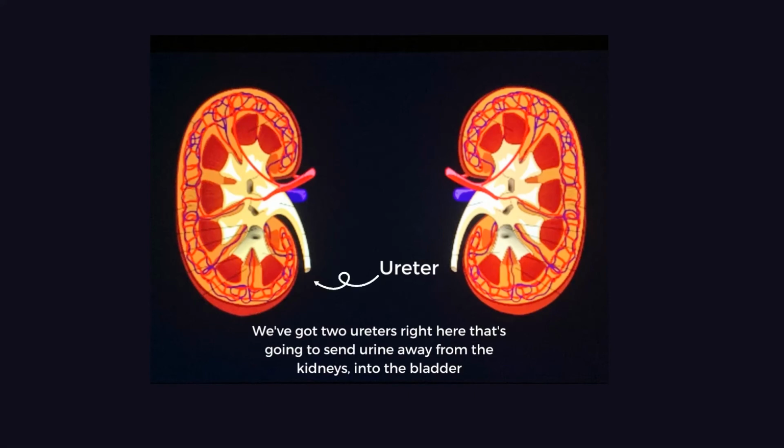Now that we have talked about the ureter, this is a pretty good time to mention what these three structures make together. You have an organ like our kidney right there. And then there are some things that are coming out of your kidney.